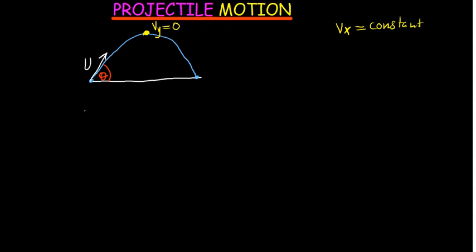Now the distance from where you threw it up to where it ends is called the horizontal range, and then from the midpoint to the maximum, that's called the maximum height.